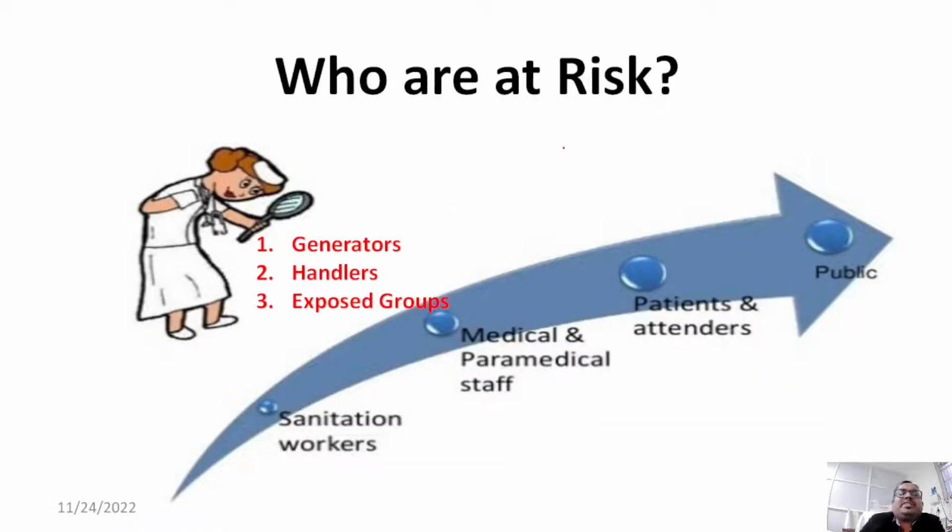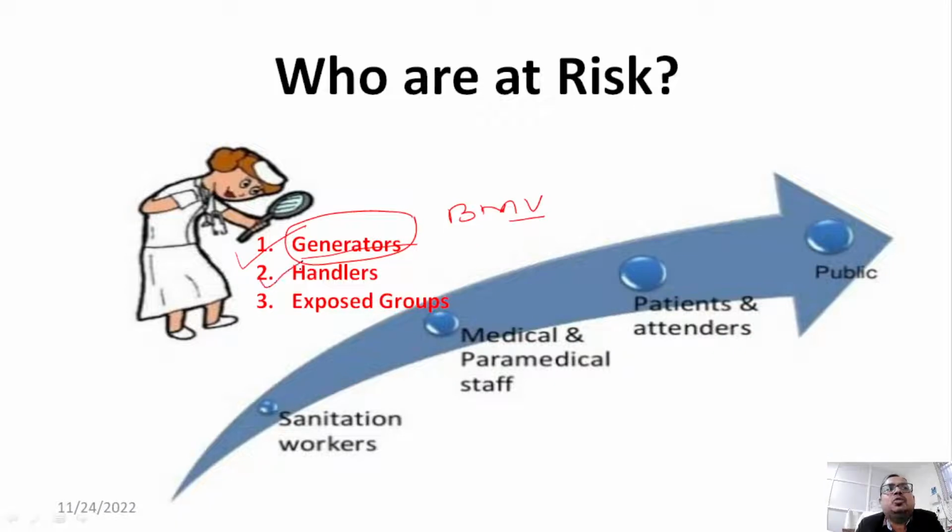So who is at risk of this biomedical waste hazard? The primary risk, primarily at risk, are the generators. The generators include those persons that generate these biomedical waste, which includes the hospitals or healthcare workers.